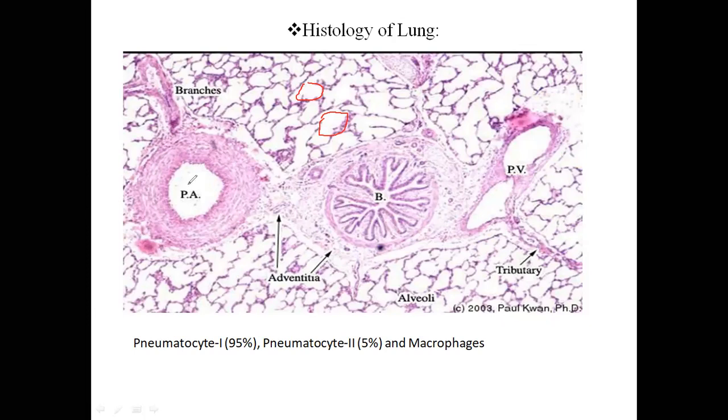So here you can see this pulmonary, PA for pulmonary artery, which, as we know, is coming from your heart, and then this is the pulmonary vein going to your heart.